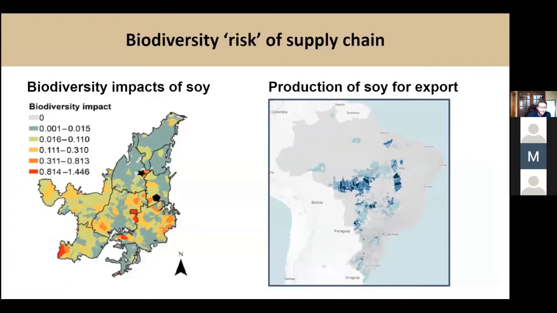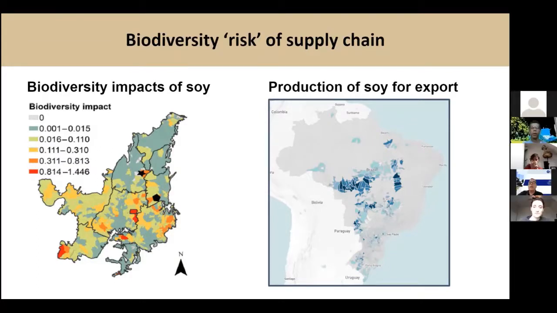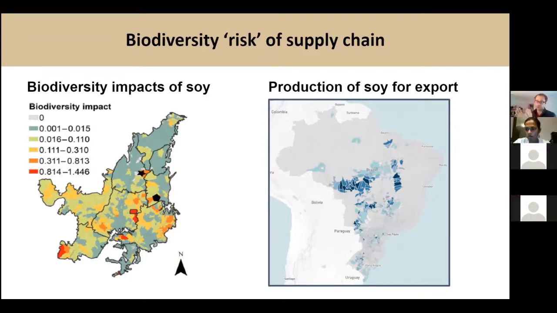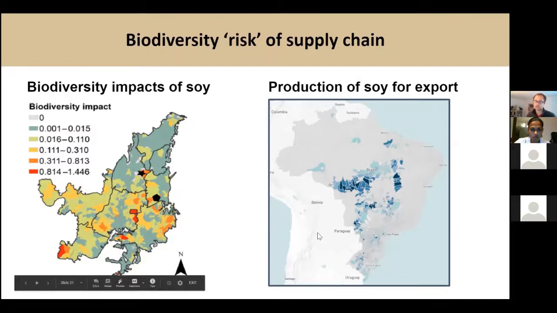So once we've distributed that, we've moved from the national production and export, and distributed that production, or that export, through to the areas where we're expecting it to be produced. We do that at a municipal level, so that's this map on the right, and that allows us now to link through to the map that Paz described earlier, where she's aggregated up from the pixel level to the municipality level.